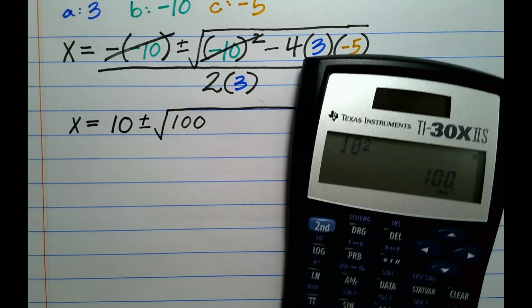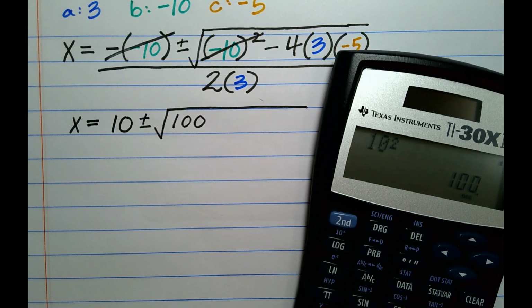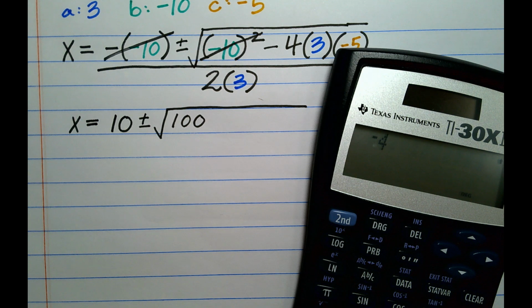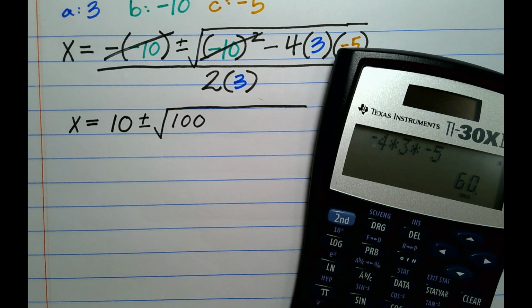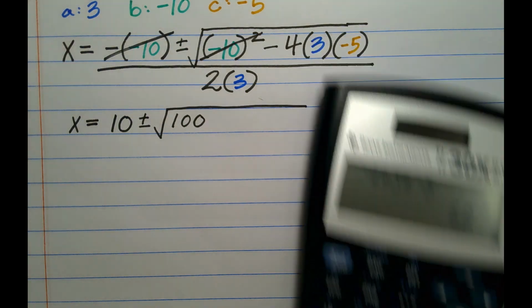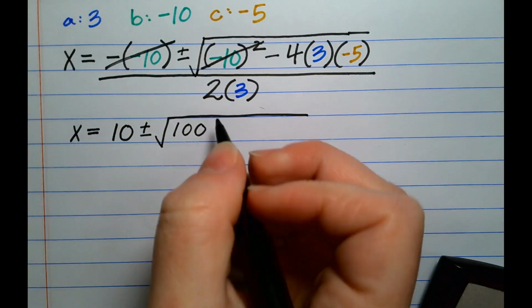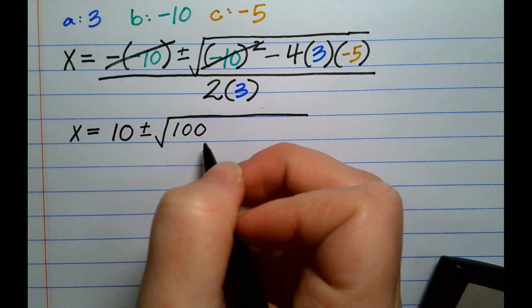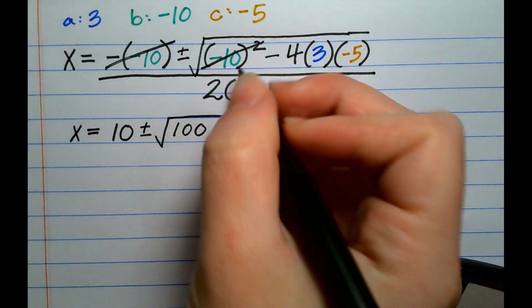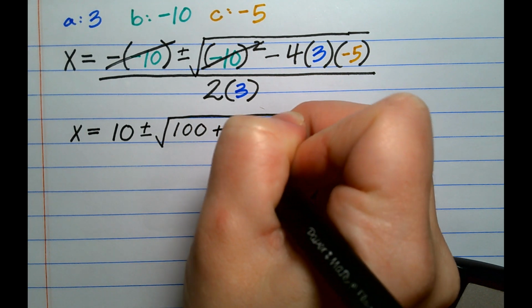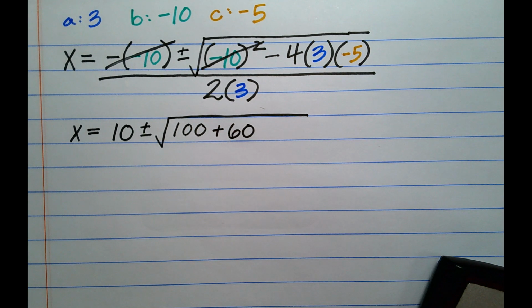Now let's just double check it. So I'll type negative 4 times 3 times negative 5. 60. Yes. So am I writing positive 60 or negative 60? Positive 60 because it's positive.